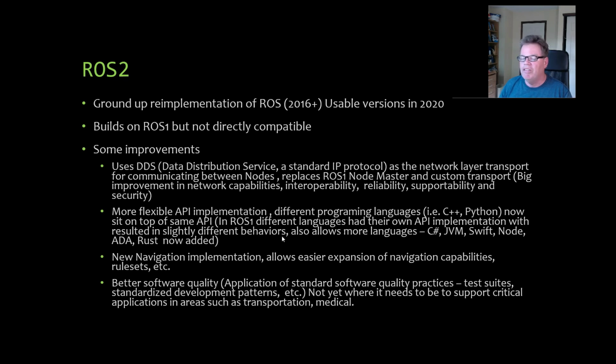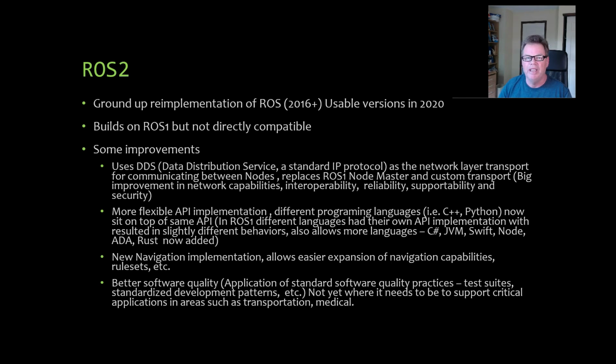Another interesting thing with ROS2 is Intel went back and looked at how navigation was working in ROS1, and they saw, as navigation grew, there's a lot of common things that people wanted to do. So, for example, you need unique rule sets for navigation about how decisions are made about navigation depending on the environment the robot's running in.